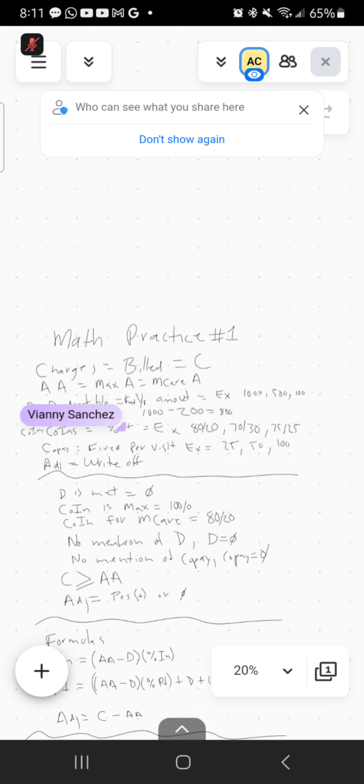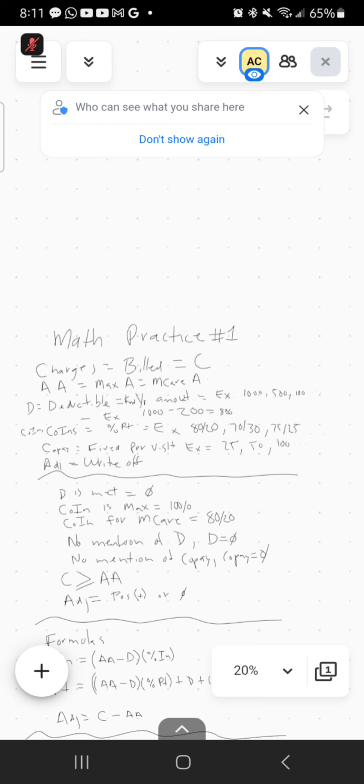Uh, 10.4, I'm going to copy this. And as we speak, I will go to our class. I will go to announcements. I'm going to post an announcement with today's whiteboard.